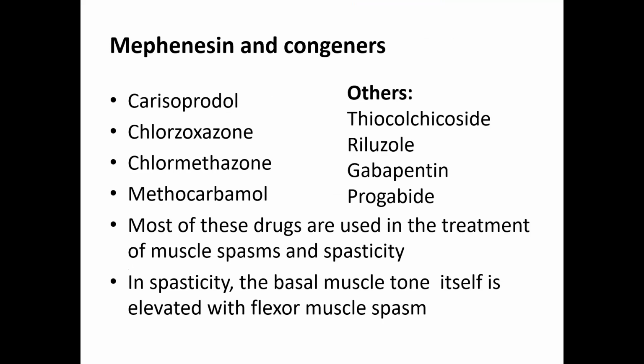Its congeners like carisoprodol, chlorzoxazone, chlormezanone, methocarbamol are used for central muscle relaxation. And the other drugs are thiocolchicoside, riluzole, gabapentin, progabide. Most of these drugs are used in the treatment of muscle spasms and spasticity. In spasticity, the basal muscle tone itself is elevated with flexor muscle spasm.